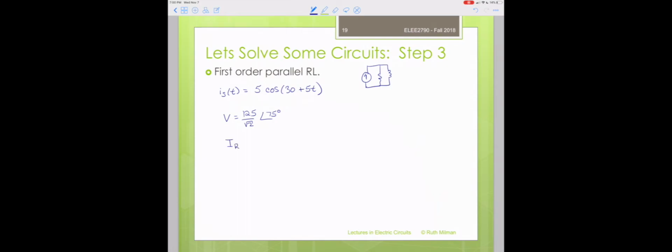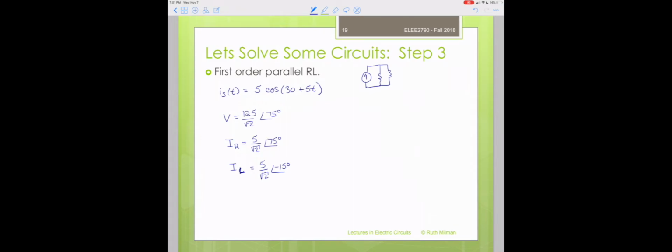We calculated the resistor current to be equal to 5 over root 2 with an angle of 75 degrees, and we calculated the inductor, that's an L, phasor. That was 5 over root 2 with an angle of minus 15 degrees, and we note that the inductor lags behind the rest of the circuit.